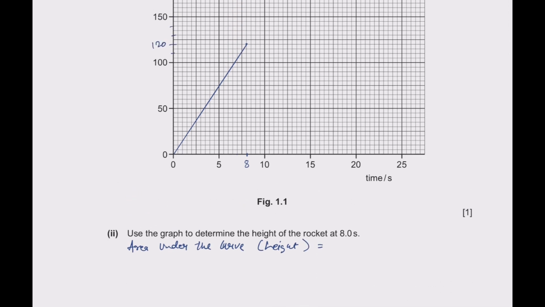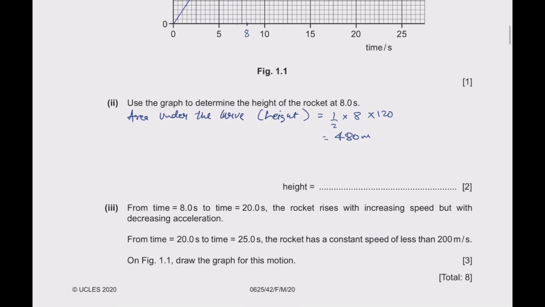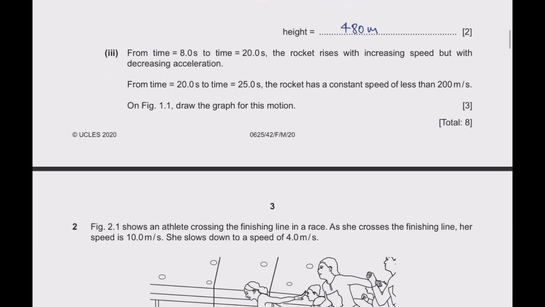So if I want to calculate the area up to 8 seconds, that will be the area of this triangle, and we know that area of a triangle is half, base is 8 and height is 120. So half base into height, if you calculate this value, you will get 480 meter. That is the height of the rocket at 8 seconds.